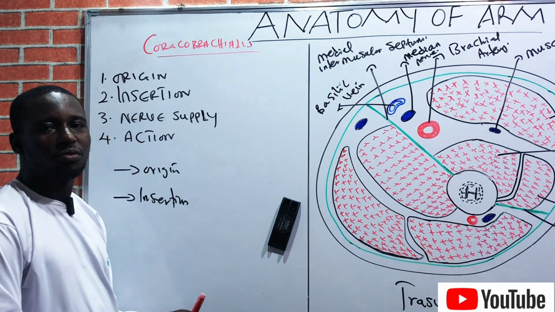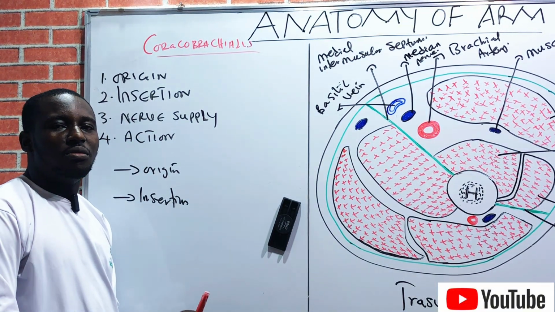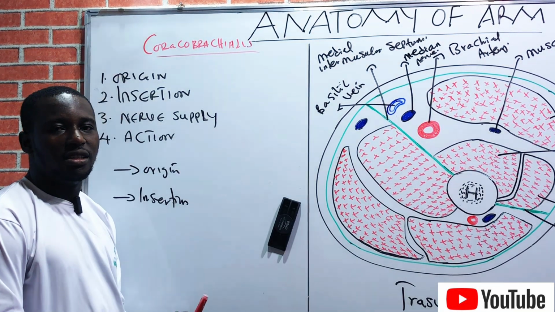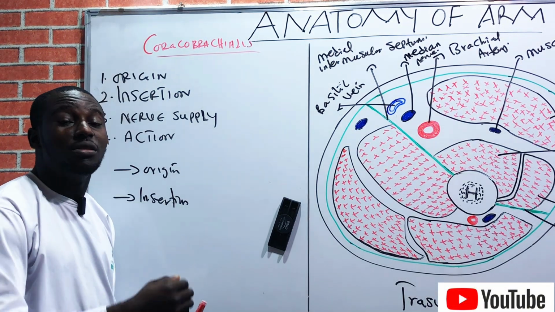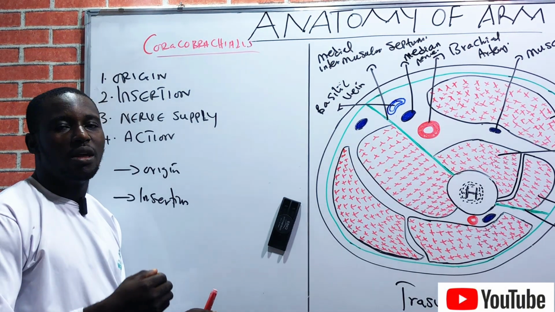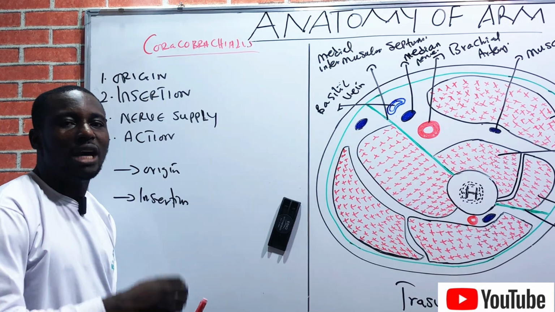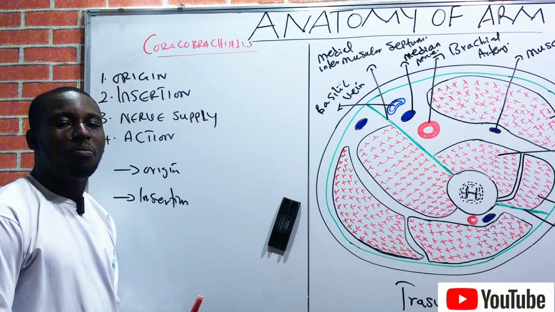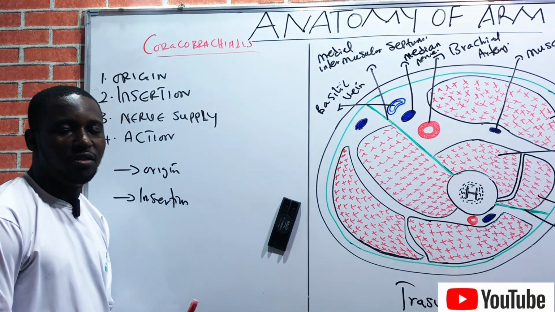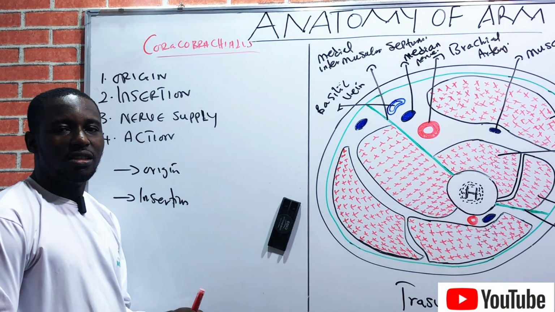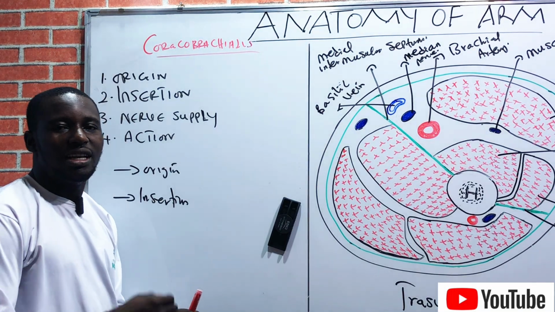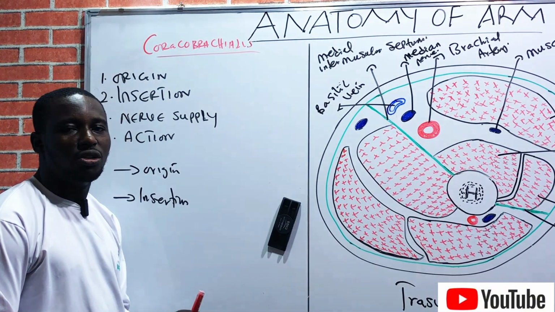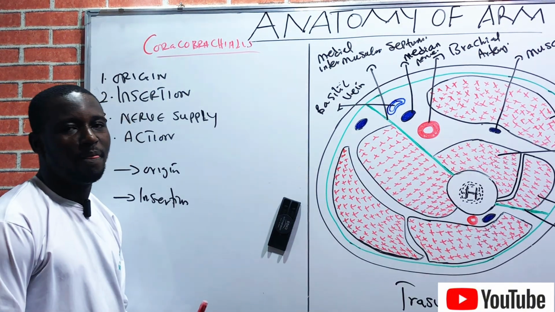Number five, the radial nerve pierces the lateral intermuscular septum to enter the anterior compartment of the arm. Number six, the ulnar nerve pierces the medial intermuscular septum to enter the posterior compartment of the arm.